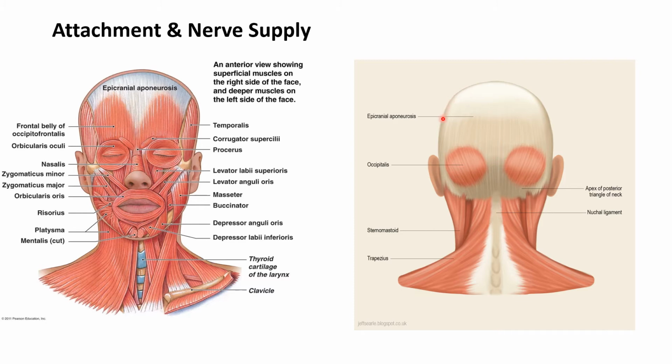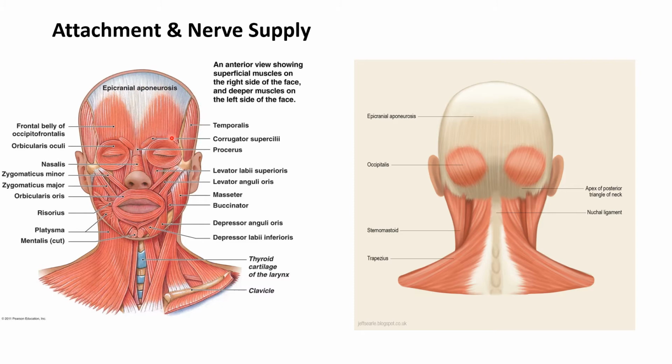Even laterally, this epicranial aponeurosis goes and gets attached all the way down to the zygomatic arch. And that is why I said that we will consider the scalp to be extending all the way up to the zygomatic arch. So it moves over this muscle which is present, the temporalis muscle, and goes and gets attached to this zygomatic arch which is present laterally.